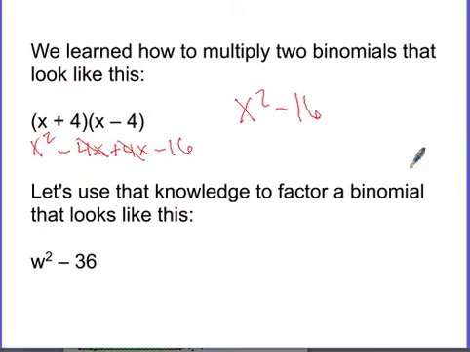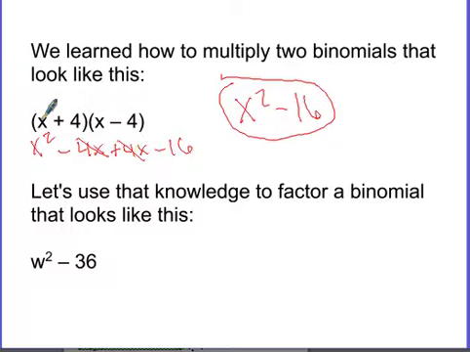What we have here is a difference of squares because x has been squared, we have a difference, which is subtraction, and we have 4 squared. So this binomial is a difference of squares. The shortcut that we learned is that when you multiply these two factors, and the first term is the same and the last term is the same but you have opposite signs, the middle terms will always drop out.